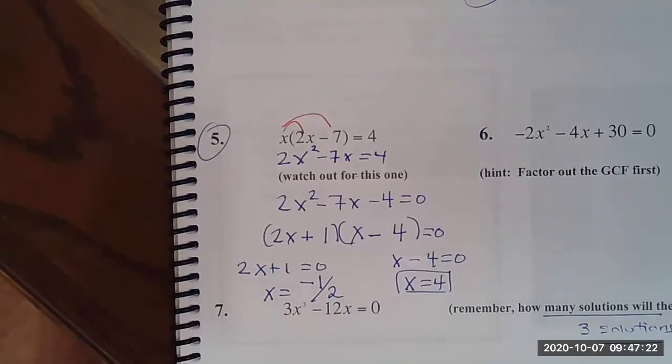How do I know that either one of them is an answer? Anybody have an idea? How do I know if both of them are answers, but how do I know if 4 is an answer? Anybody have an idea of what I should do other than Jan? How do I know if 4 is an answer? Peter, how do I know if 4 is an answer? What do you think?